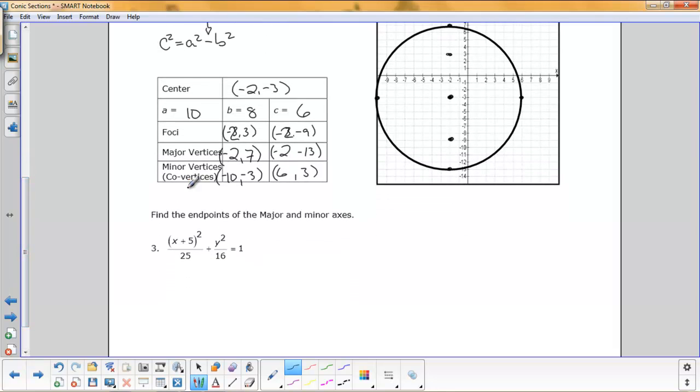Okay, find the endpoints of the major and minor axes. Okay. We'll begin with the center. That's going to be at negative 5, 0. And as usual, I will draw a sketch of this to help me determine where the ellipse is actually located. A is 5, B is 4, and I will go ahead and fill it in from that.